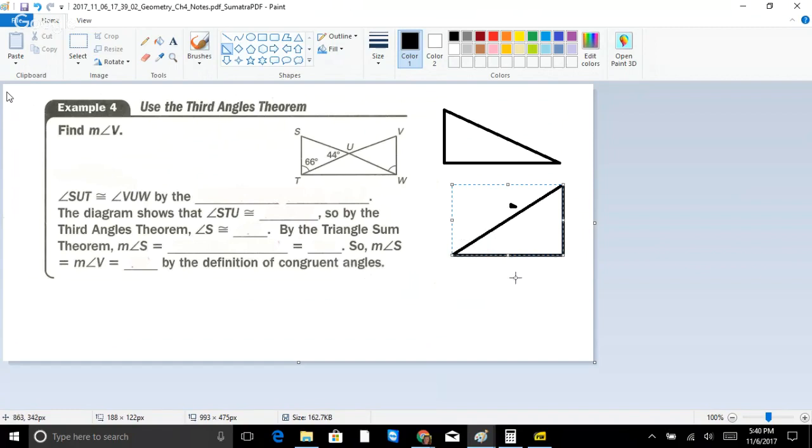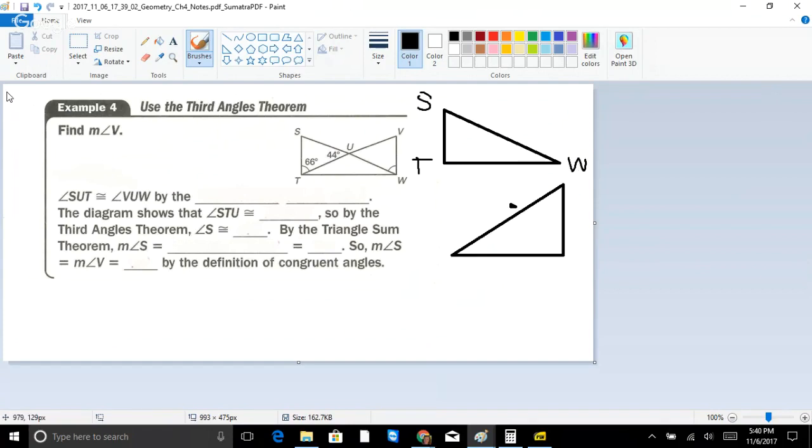There we go. These two are supposed to be the same triangle, so I'm breaking apart this triangle that we have. So we have S, T, W.